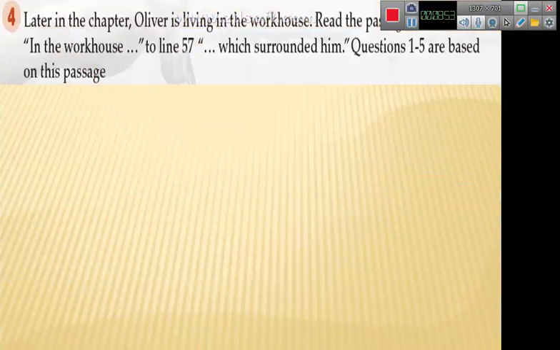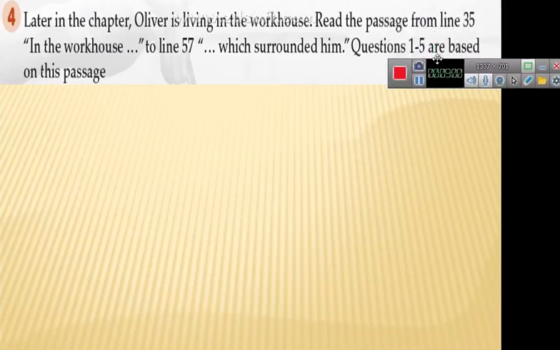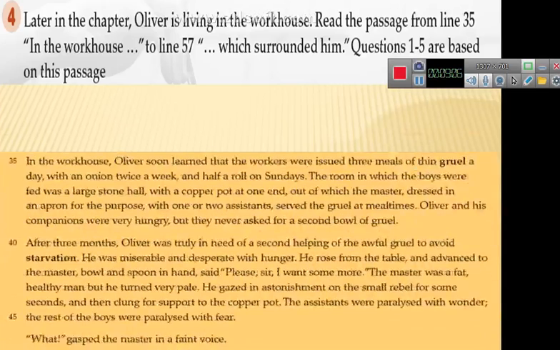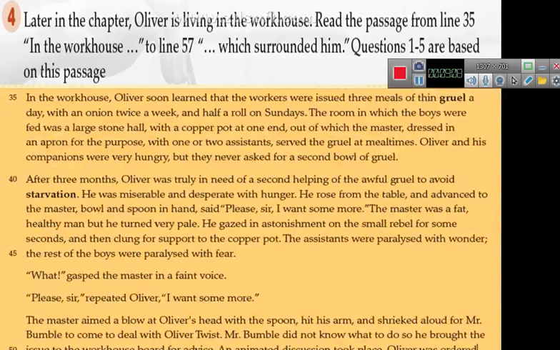Question number 4. Later in the chapter, Oliver is living in the workhouse. It's okay. Read the passage from line 35. This is the passage, from your book.